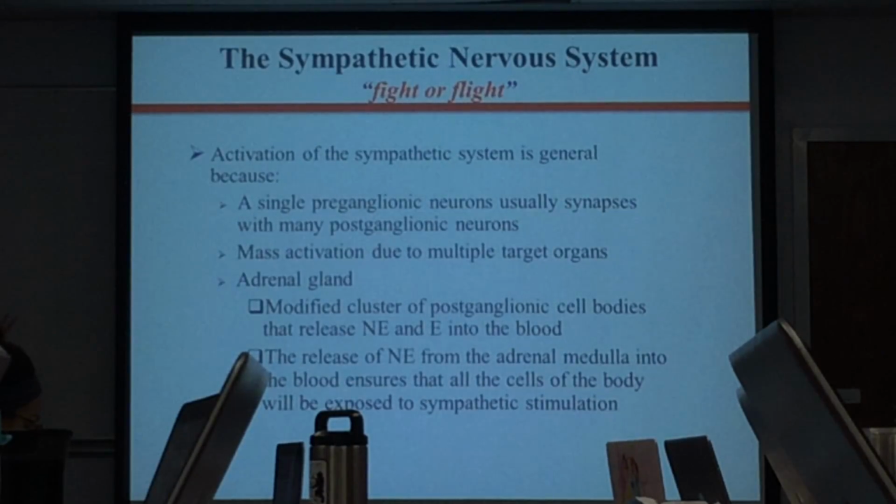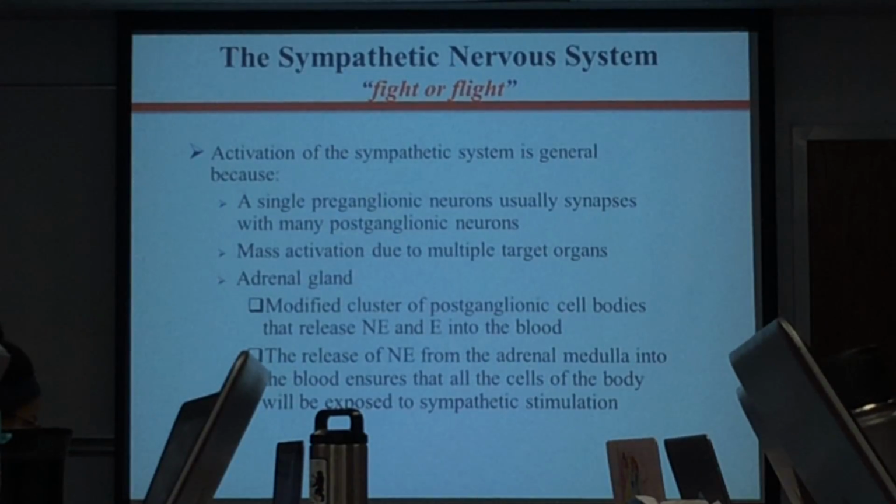So by this means, the sympathetic nervous system has no selectivity, no specificity. When the norepinephrine is released in the bloodstream, almost all the organs are activated due to the norepinephrine released in the blood.